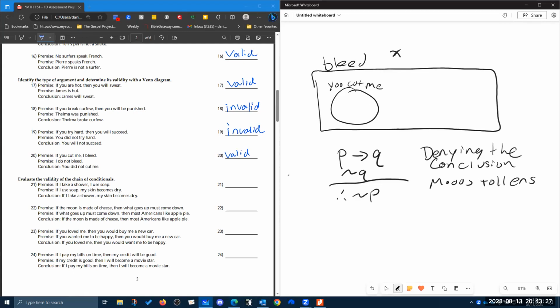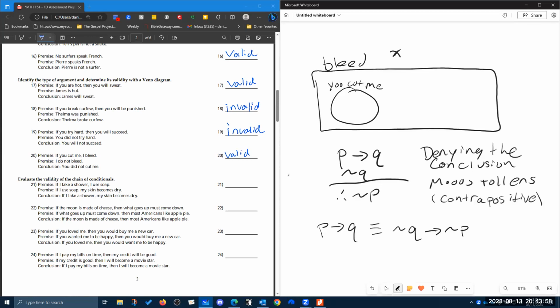And it's related to the idea of the contrapositive. Because we said that this statement before, when we talked about the contrapositive, is logically equivalent to that statement, that not Q is going to imply not P because of the contrapositive.